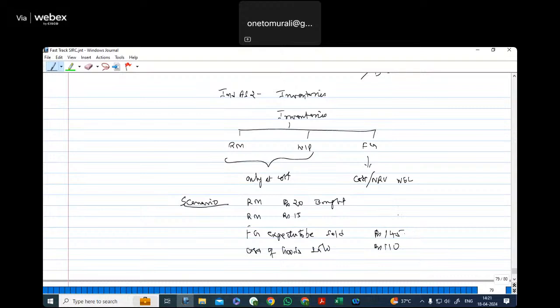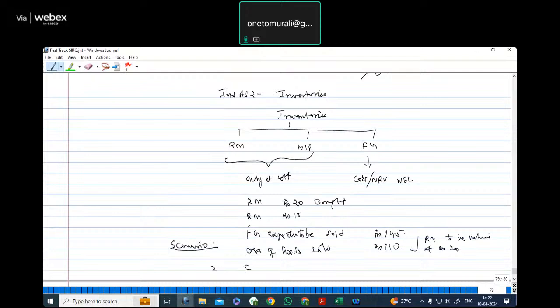So when the finished goods in which the raw material is incorporated is sold at profit. This is what I will consider as scenario number one. Scenario number one, where finished goods are sold at profit, then raw material to be valued at rupees 20, the purchase cost.